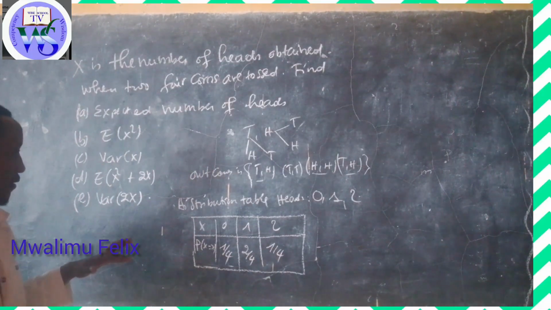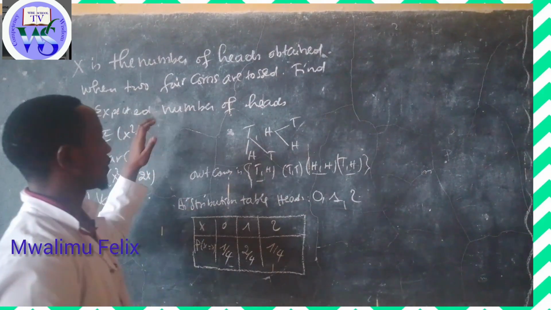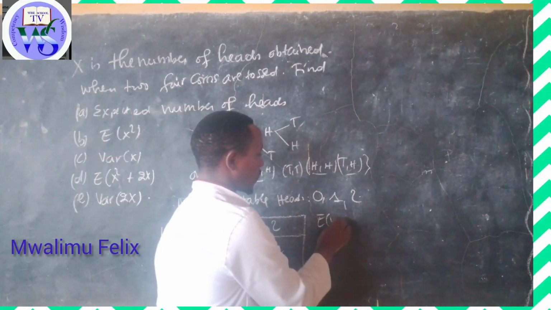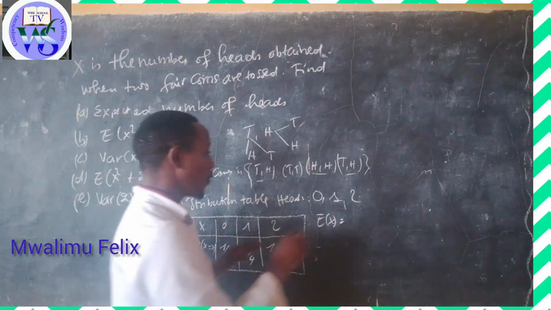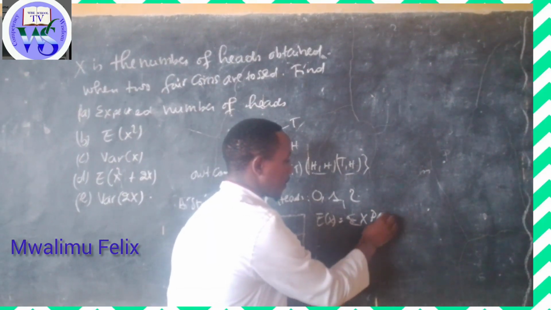The expectation value is the same as the mean. The expectation value of X is the summation of x times the probability of x.